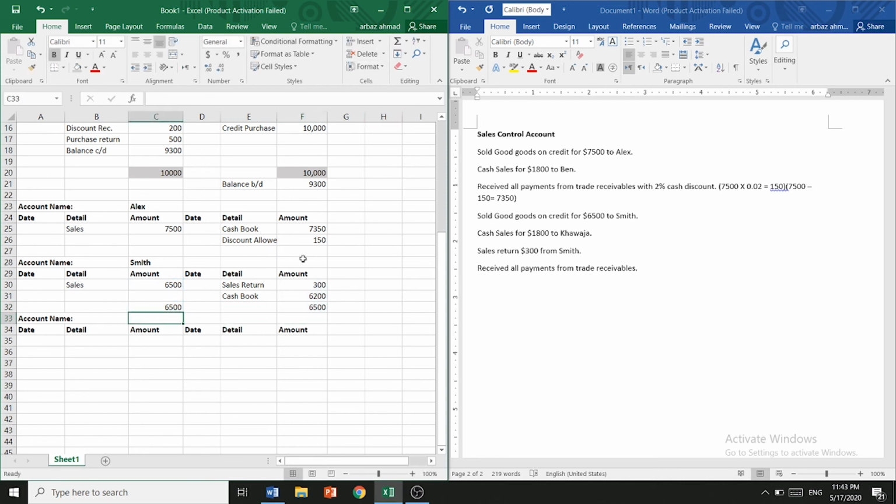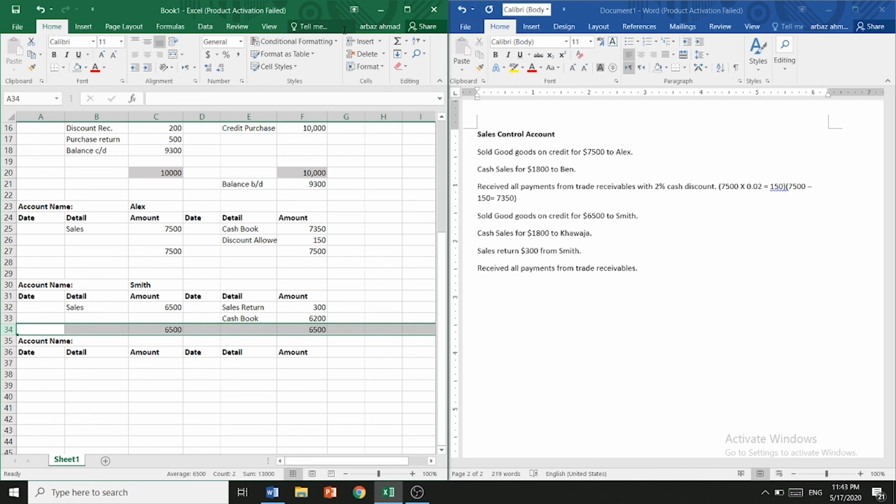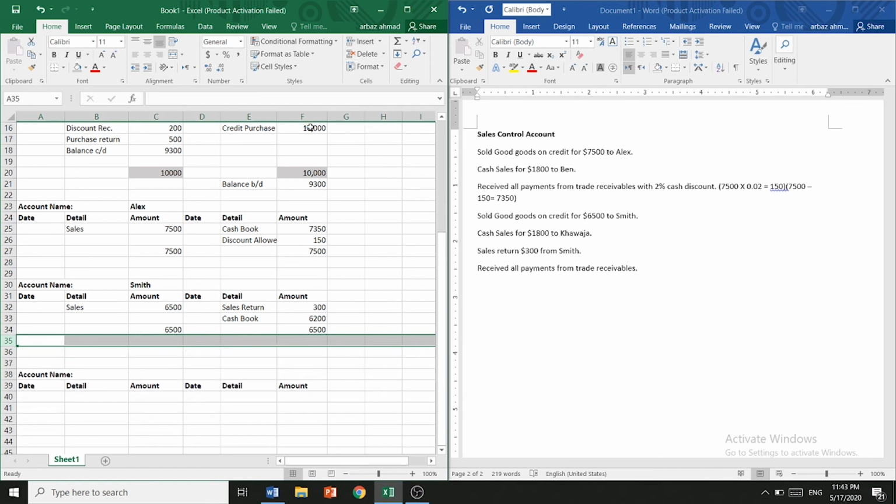So just let me total up the amount very quickly. Let's add one column here so it's easier to demonstrate things. Okay, now I added the wrong column. Okay, so now I'm going to have sales control account.